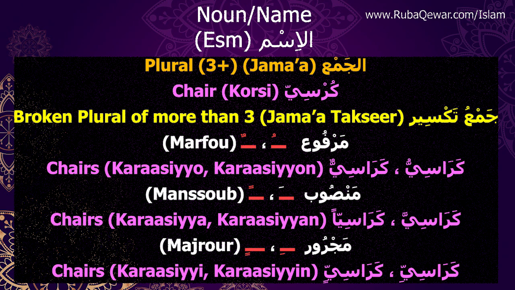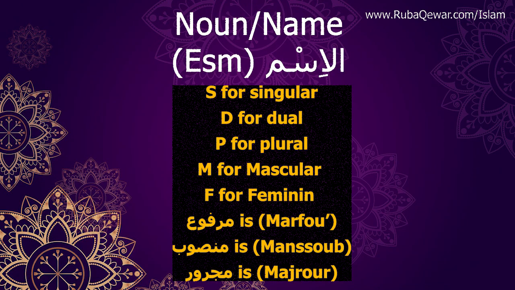If it is mansub, I put fatha. Okay, and if it is majroor, kasra. So it is treated just like a singular. We cannot put alif noon or alif or waw noon or alif ta and so on. I'm going to give you some examples. And I'm not going to go for the taksir.